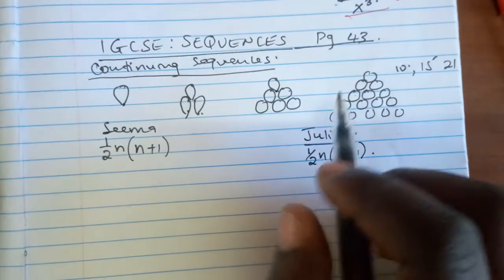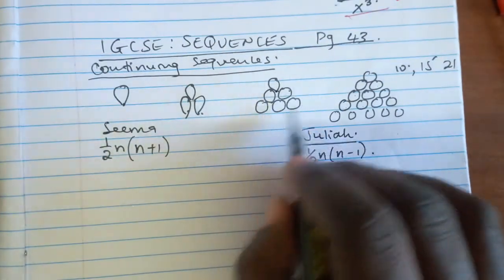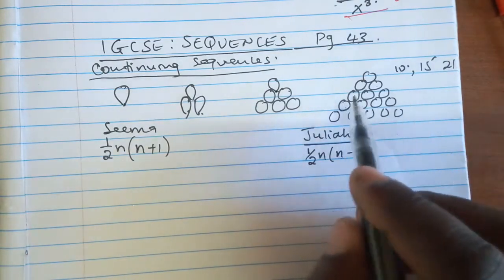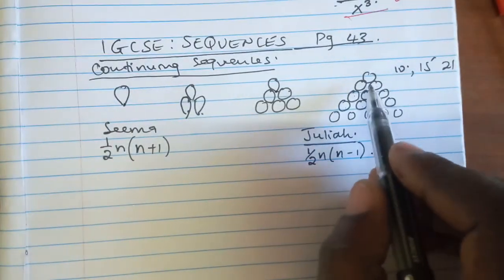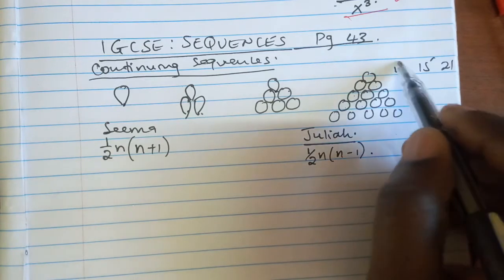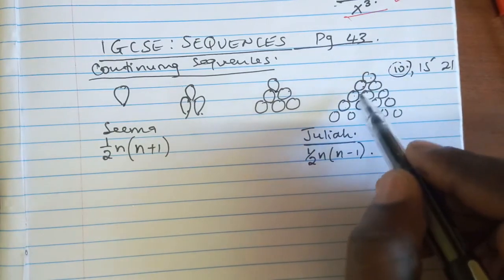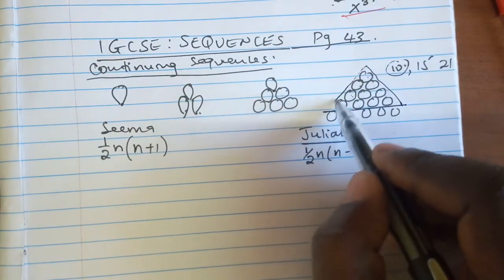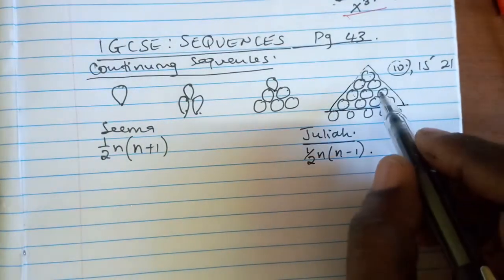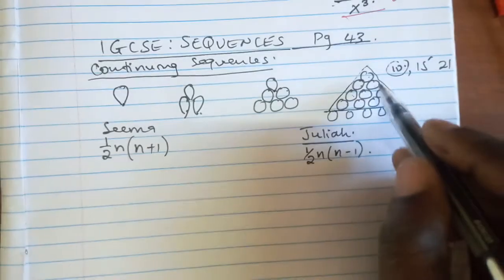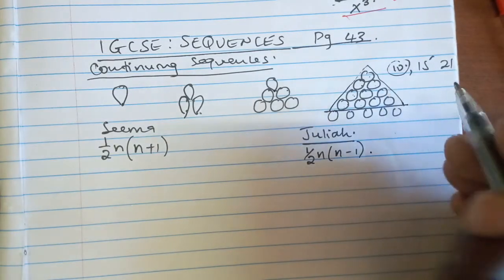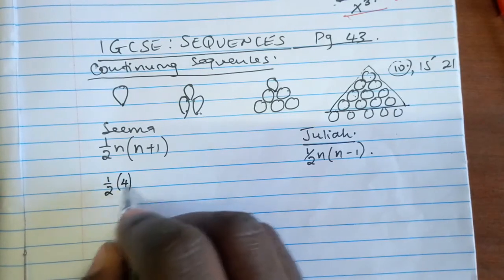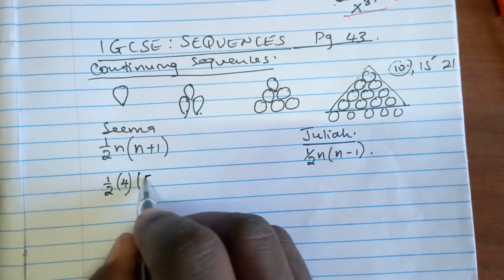We have just found out that if we need balloons with 4 rows, we are going to require 10 balloons. 1, 2, 3, 4, and all these are 10 balloons if we count them again. So if n is 4, because n signifies the number of rows, a half times 4, and then 4 plus 1 is 5.